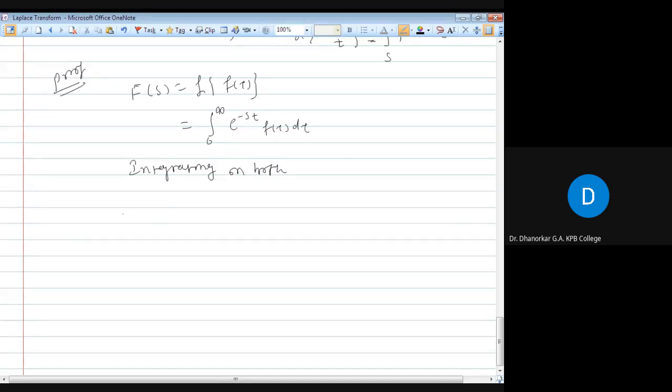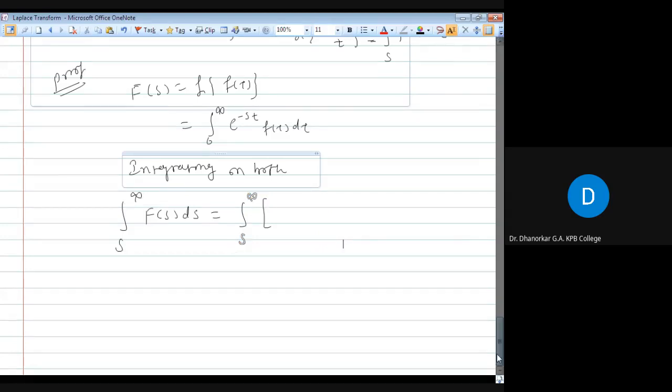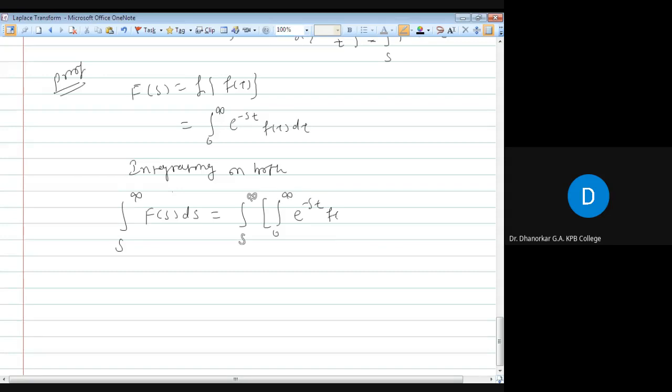Integrating on both sides, integration from s to infinity of F of s ds is equal to integration from s to infinity, integration from 0 to infinity of e raised to power minus st f of t dt with respect to s.